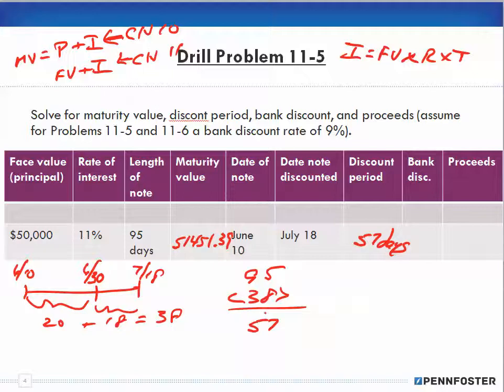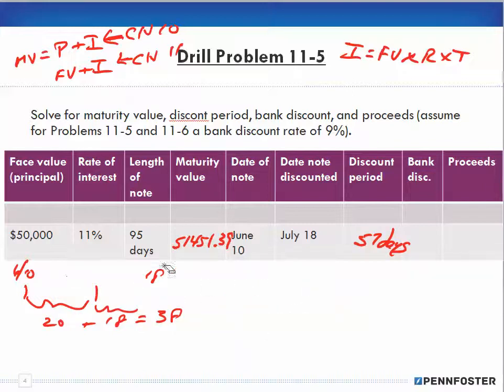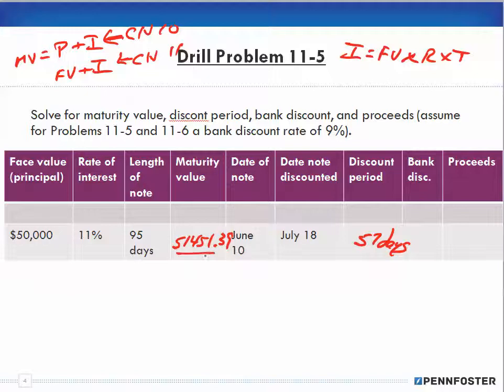Now, for the bank discount, we had a maturity value of $51,451.39.